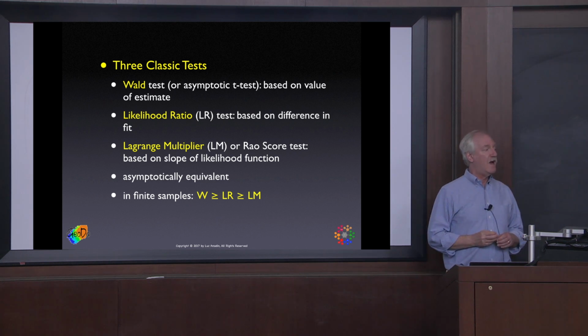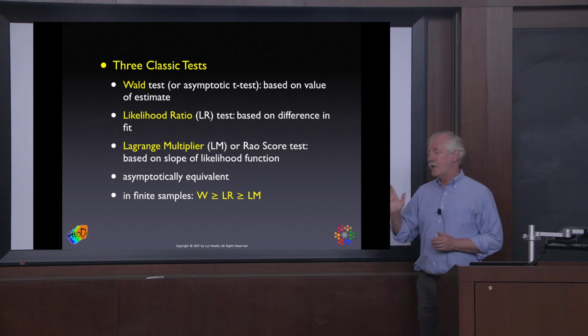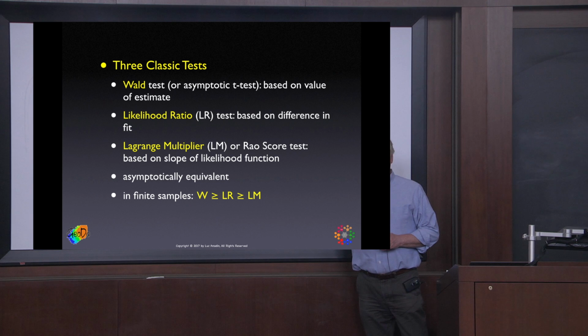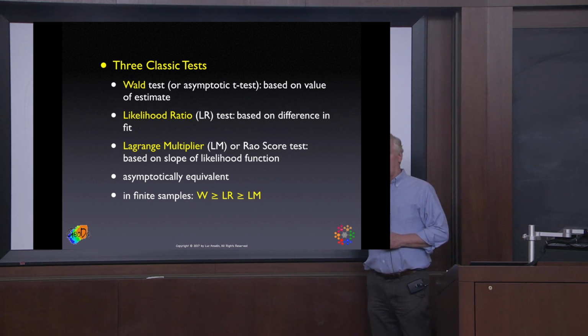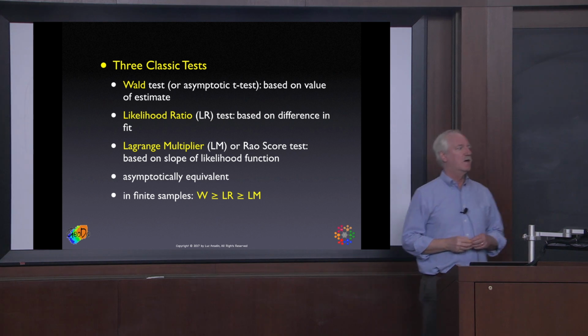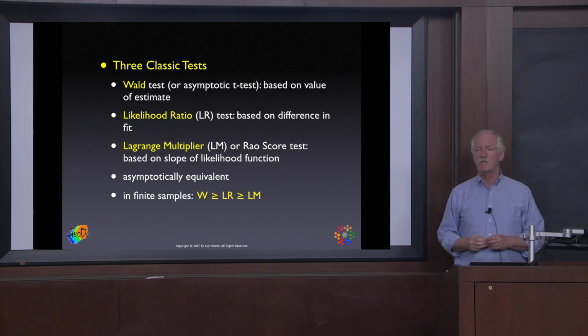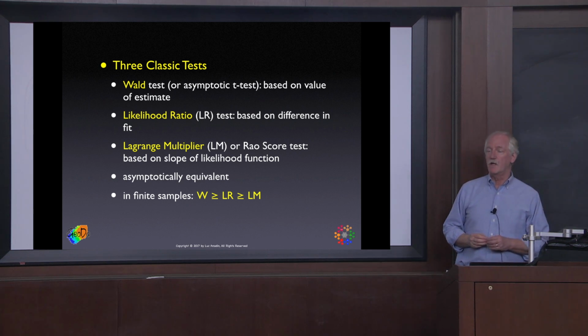So you can have a situation right on the edge where the Wald test, that's your t-test, rejects the null, and the Lagrange multiplier does not. And this happens, you know, occasionally. With larger and larger data sets, it happens less and less because you approximate the asymptotic properties. But this is something to keep in mind.